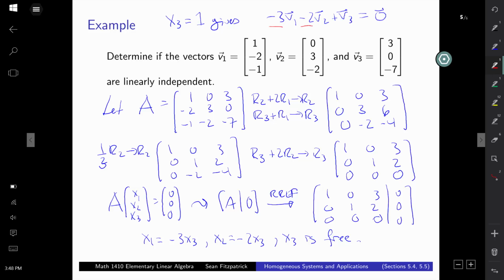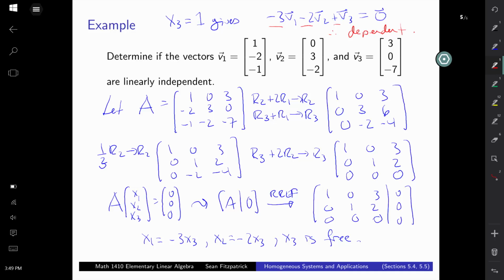That's not 0. That's 1 times v3. That's not 0. So this tells me that the vectors are dependent, because I found a linear combination of these vectors other than the trivial linear combination that adds up to give me the 0 vector.